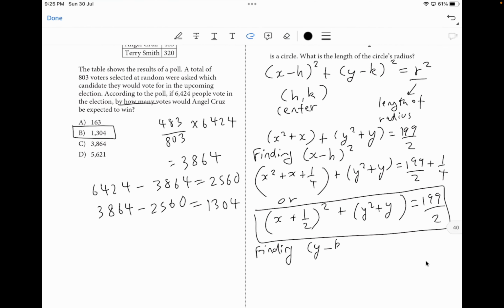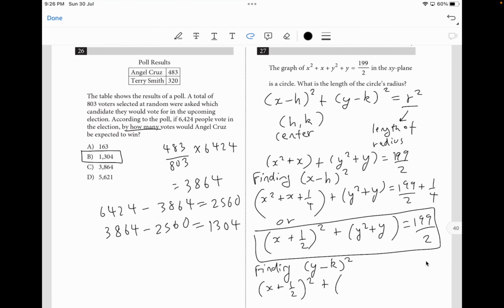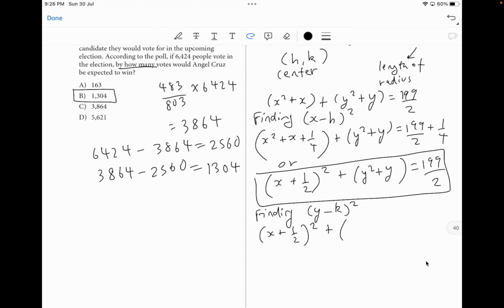Since we have added and not changed that, similarly, in order to obtain this next term, we can add the square of half the coefficient of y to both sides of the equation. So what that means is you're going to be doing x plus half squared plus y, from this equation, plus half x. You can see that.